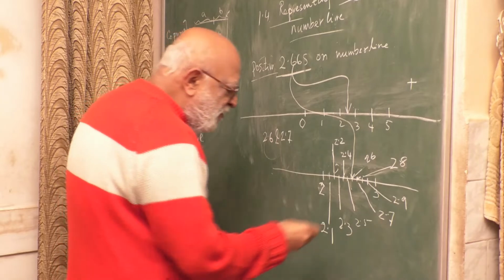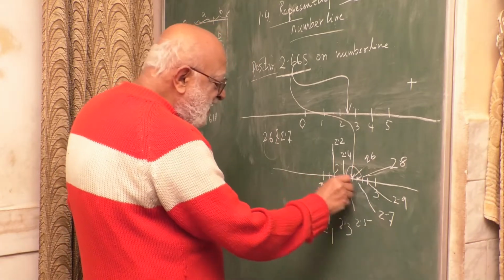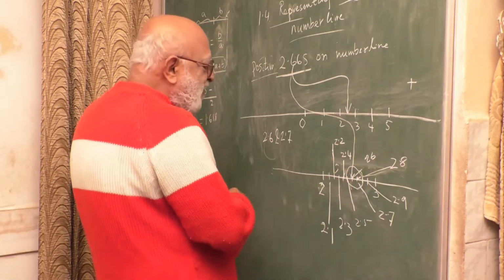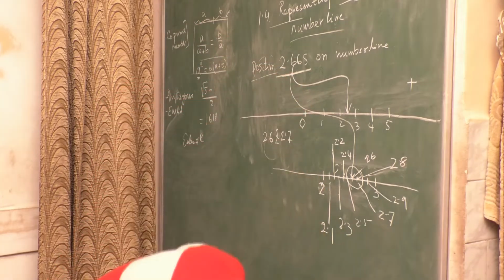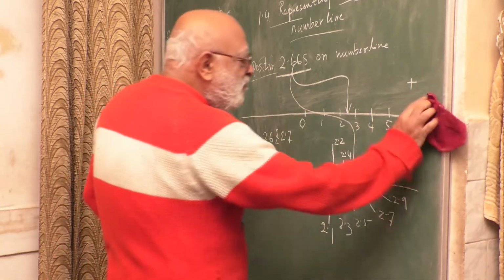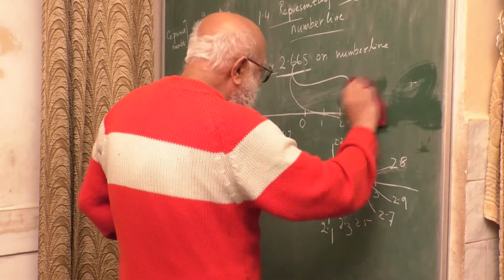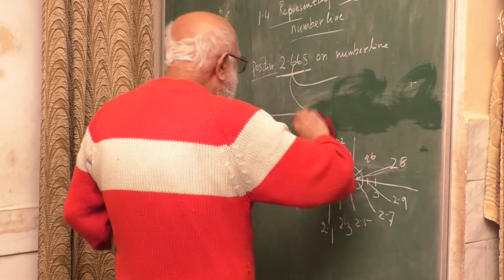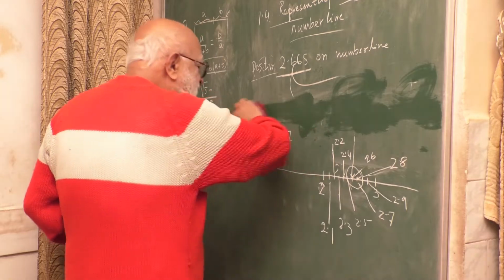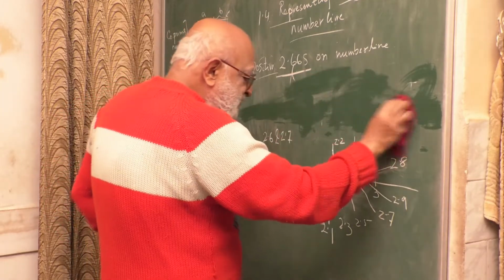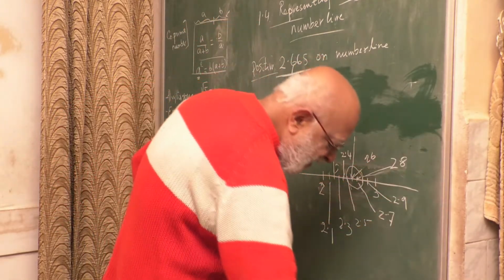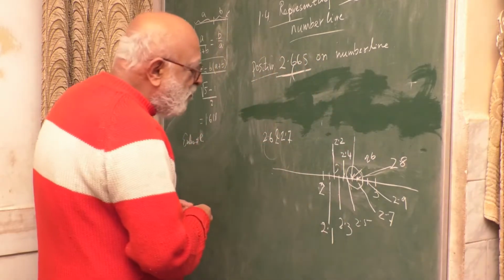So you take 2.6 and 2.7 and you again magnify it. How do you magnify this? You magnify this one again in a similar way, using a magnifying glass. I can't show you that magnification because of my limitations, but you can conceive that this is the way this is going to go.